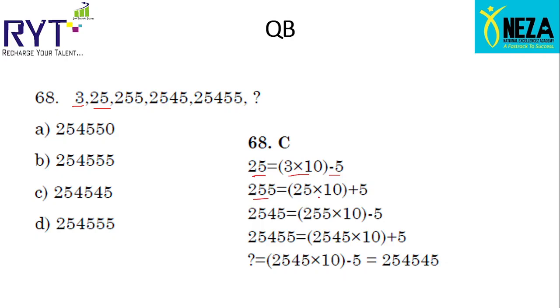Next one is into 10 plus 5. First we did into 10 minus 5, then into 10 plus 5, then again into 10 minus 5, again into 10 plus 5. So basically here 10 plus 5, 10 minus 5. This is the logic. Finally it is 10 minus 5, we get 2, 5, 4, 5, 4, 5.